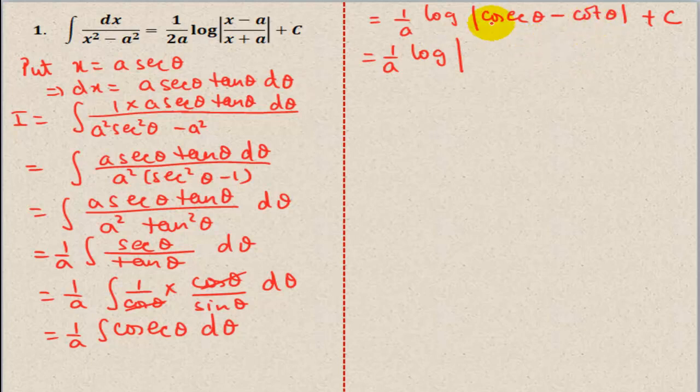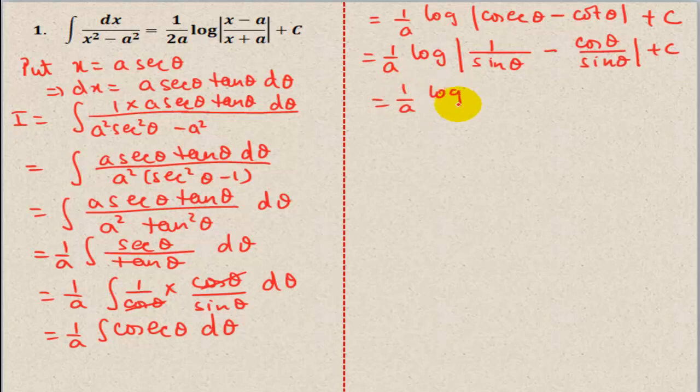See here, cosec theta is 1 over sine theta, where sine theta we will replace into cos theta later on, then cot theta is cos theta over sine theta plus constant of integration. So this is 1 over a times log of 1 minus cos theta in the numerator and sine theta here.